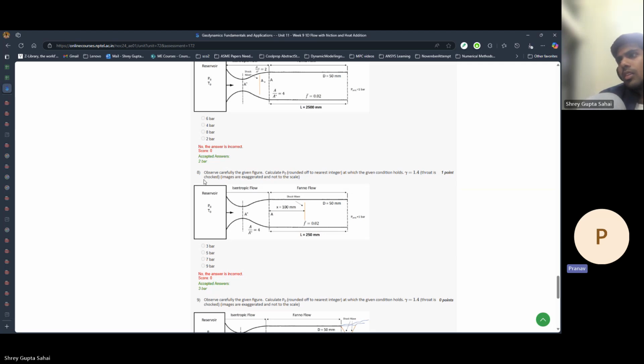So I took pressure ratios across all the sections, from the exit to just before the exit, then the normal shock, then I came till the exit of the CD nozzle. So I calculated the pressure at the entrance of the duct.